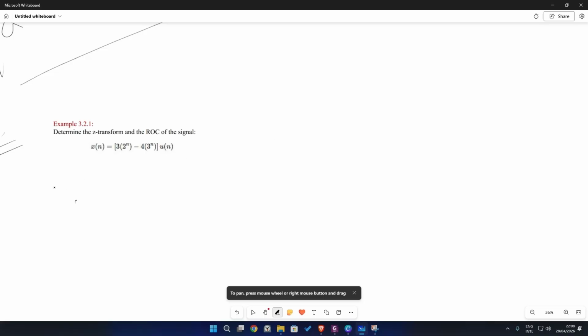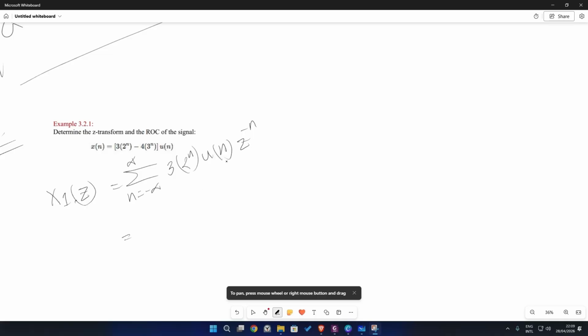So for x1[n], the X1(z) will be the summation of n equal to minus infinity to plus infinity, of the x part, 3 to the power n u[n], which is separately multiplied by both terms, z to the power minus n.